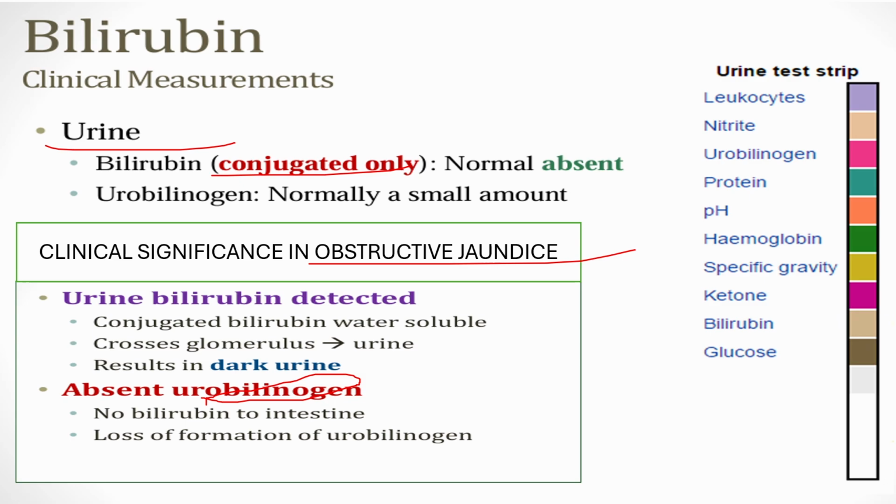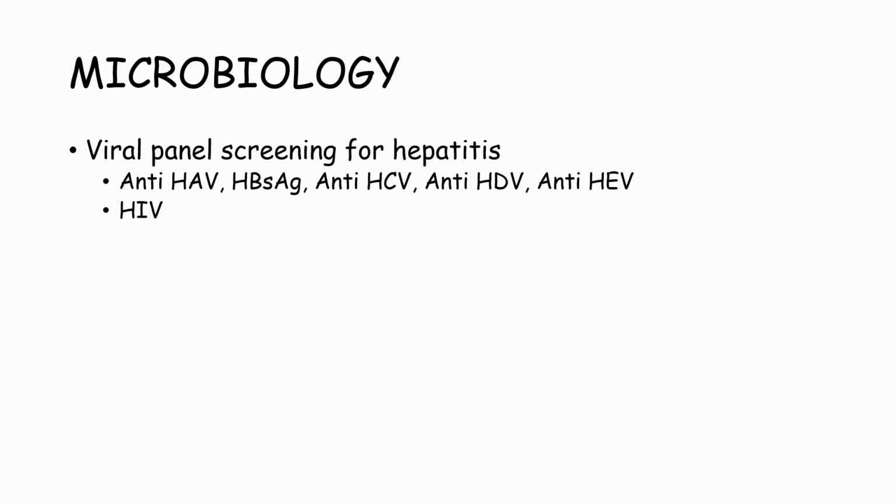If infective etiology is suspected, a viral panel for screening hepatitis virus A, B, C, E can be ordered, and HIV too. For bacterial causes like leptospirosis, ELISA can be ordered, and blood and urine culture sensitivity can be done.